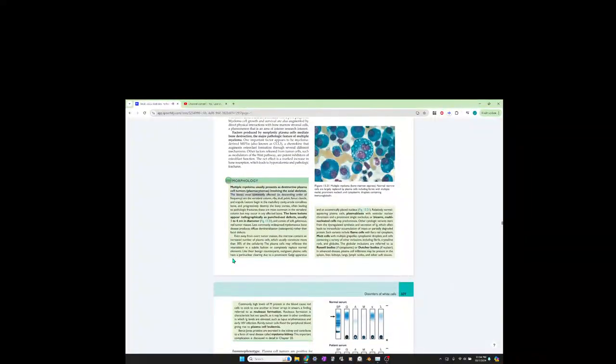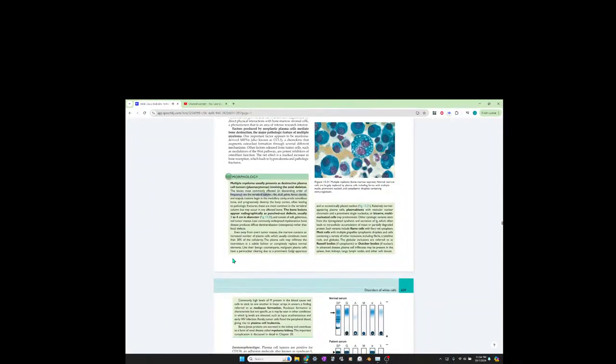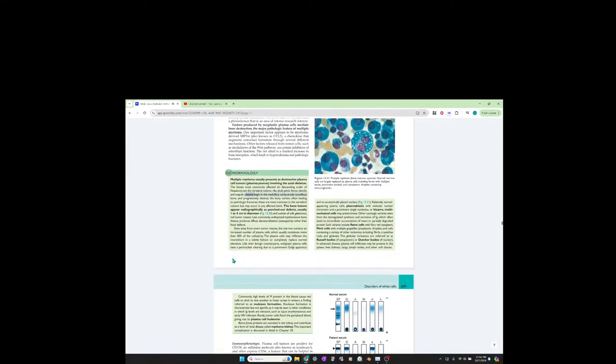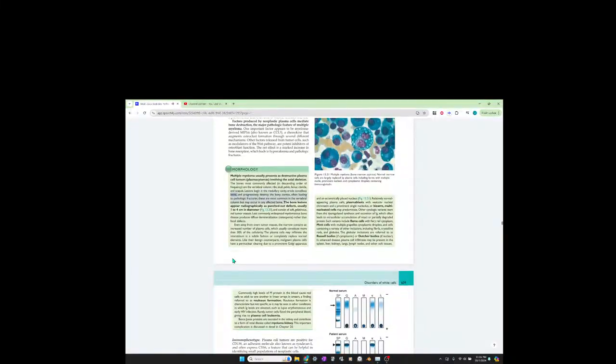The bones most commonly affected, in descending order of frequency, are the vertebral column, ribs, skull, pelvis, femur, clavicle, and scapula. Lesions begin in the medullary cavity, erode cancellous bone, and progressively destroy the bony cortex, often leading to pathologic fractures. These are most common in the vertebral column, but may occur in any affected bone.